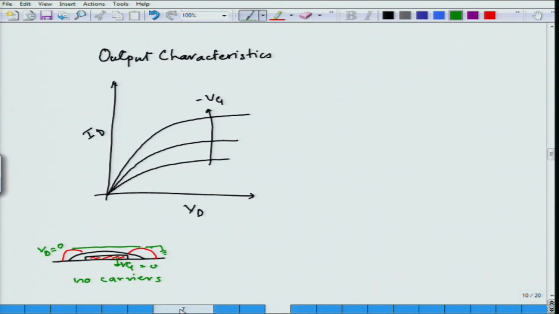When I go to a very small value of Vg, at that particular point in this semiconductor, Vd is still 0, but I am applying a small Vg.